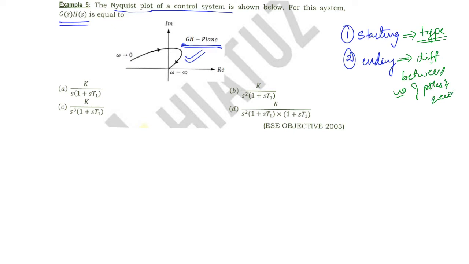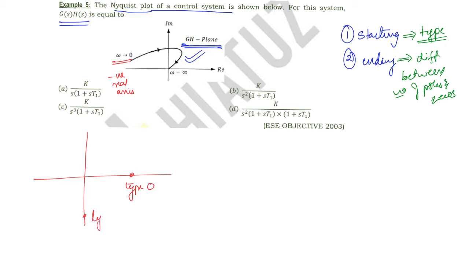We have already discussed this. Depending on the type and the difference between the number of poles and zeros, you will get an idea of the polar plot. From this polar plot you can see that at omega equal to 0, the polar plot is at the negative real axis. We have discussed that for type 0, it will start at the positive x-axis.